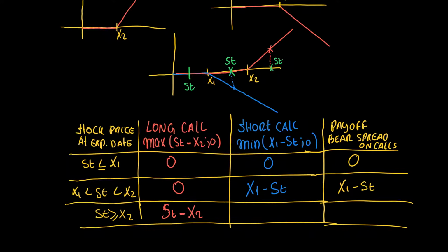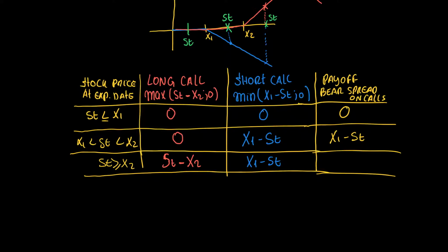And we also have profit in the blue position, the short position, which is going to be X1 minus ST. Let's make the calculations here. ST minus X2 plus X1 minus ST: as you can see, the stock prices cancel, and this equals X1 minus X2.